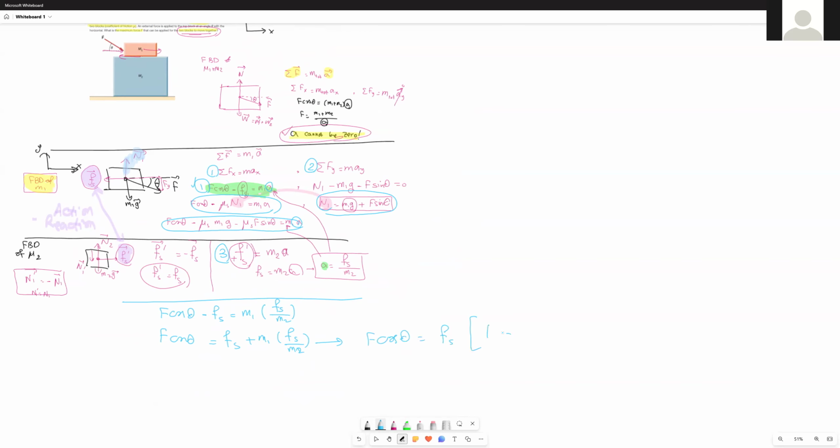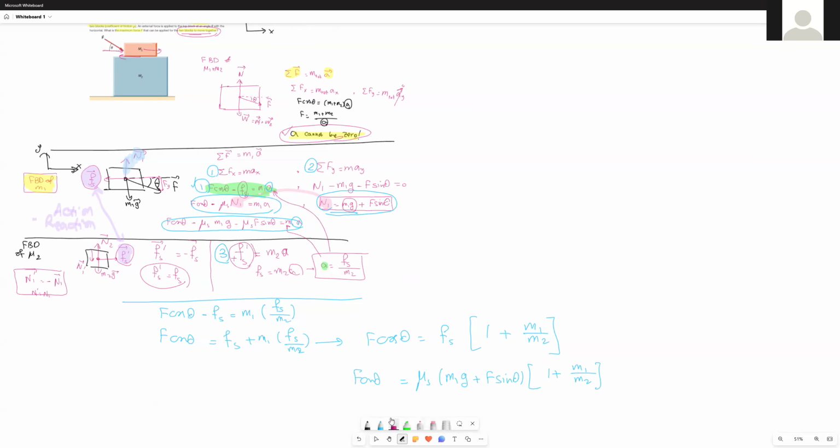I'm going to factor it out: 1 plus m1 divided by m2. Fs is mu s times the normal force n1, mu s times m1g plus F sine theta. That's going to be Fs times 1 plus m1 over m2.